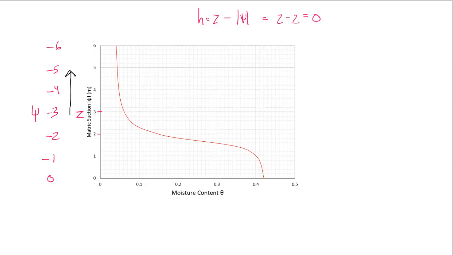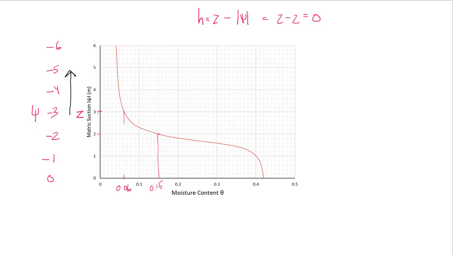So at 2 meters of matrix suction, it looks like we get a moisture content of about 0.15. And at 3 meters of matrix suction, which occurs 3 meters above the water table, we get a moisture content of about 0.06.